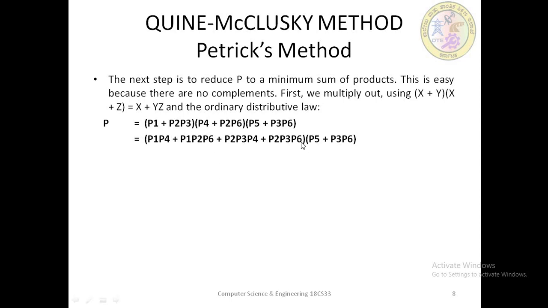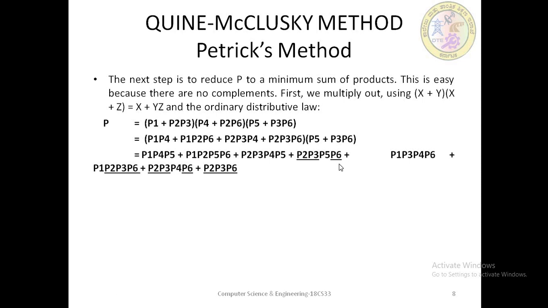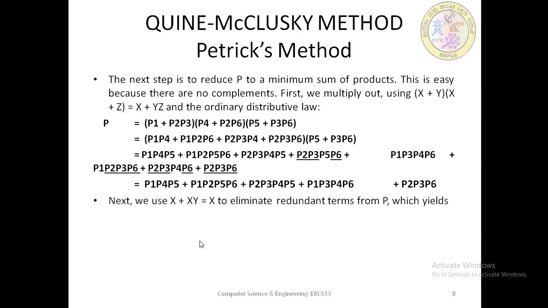As we can't have a square in that, it must be just P2. Then we multiply once again here, and at the last we end up with P1 P4 P5, P1 P2. We multiply this one with this one, and we end up with this result.